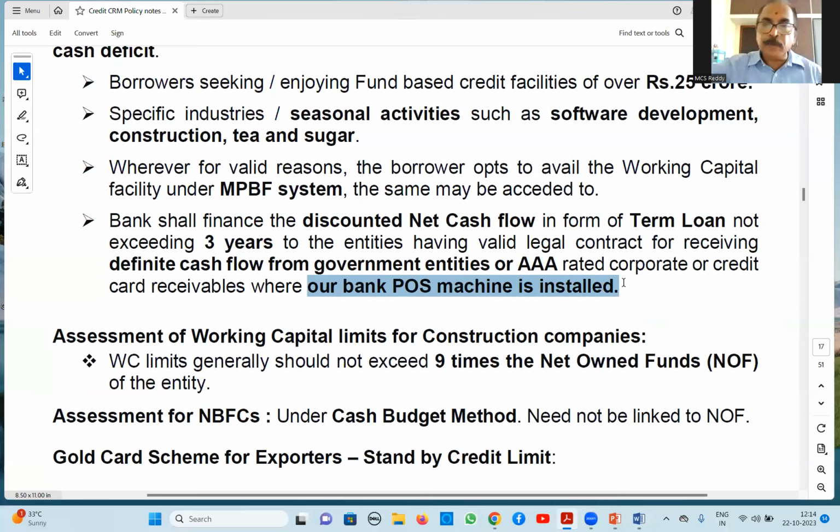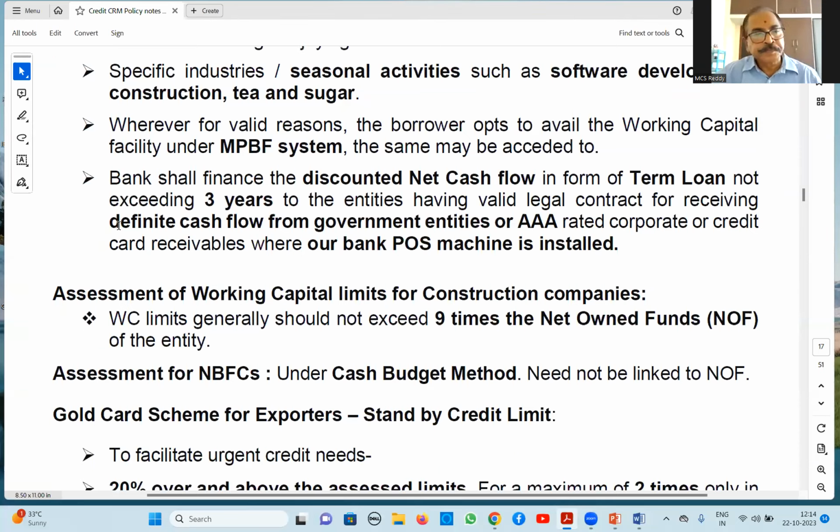Here we know for sure that the party will get some amount. So against such receivables or cash flows, we will finance in the form of term loans. Repayment is not exceeding 3 years. It is called discounted cash flows in the form of term loans. This is the latest addition, about 3 years back it was added. Earlier it was not there, right?